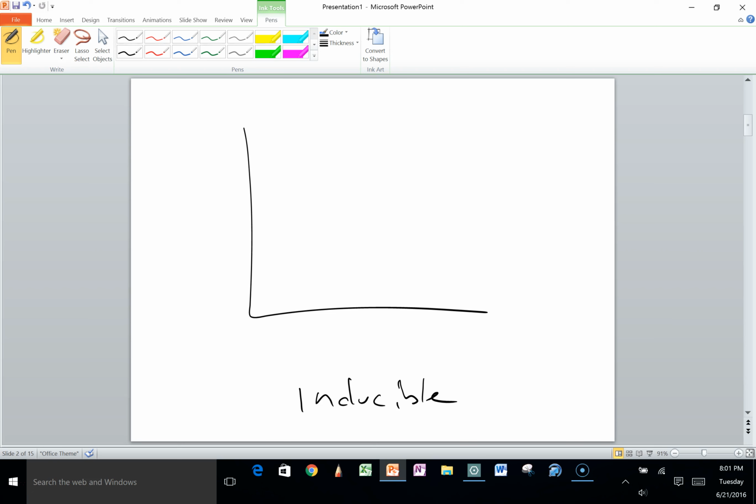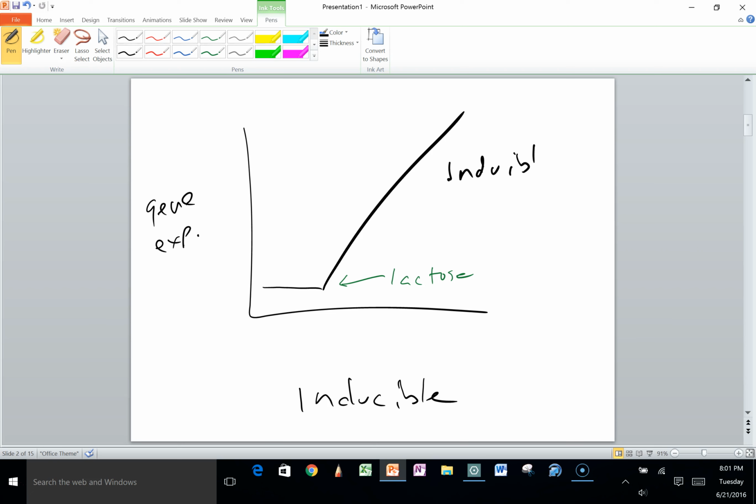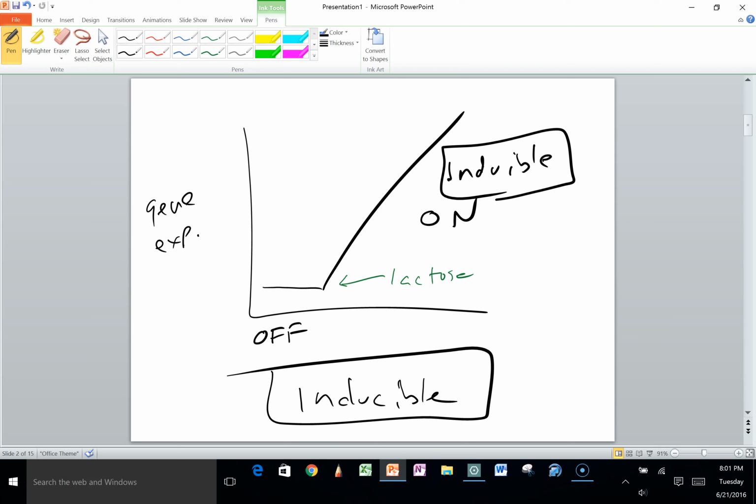If we measure gene expression, it starts out low, then we add lactose, and gene expression increases tremendously. So gene expression is induced, or this is an inducible operon. It's off in the absence of lactose and on in the presence. That phenotype is called inducible.